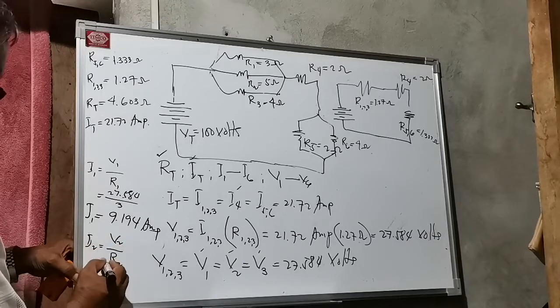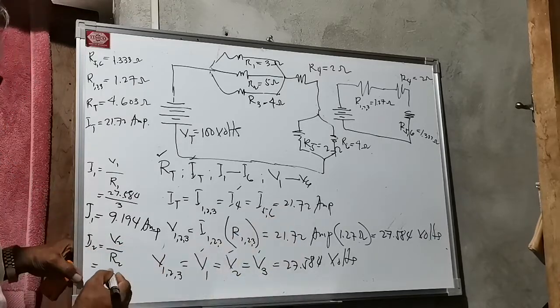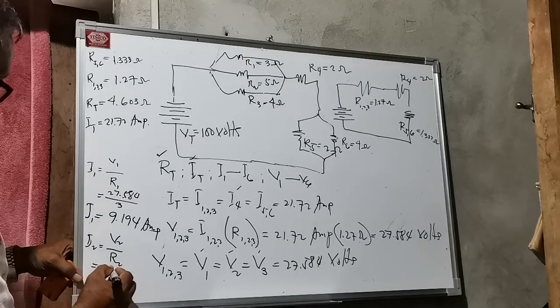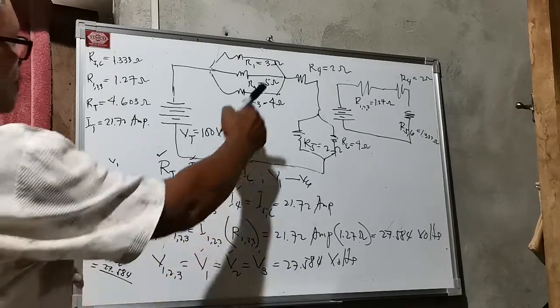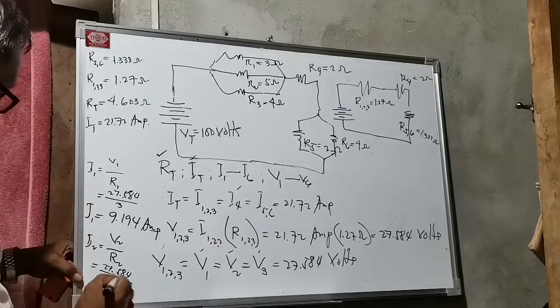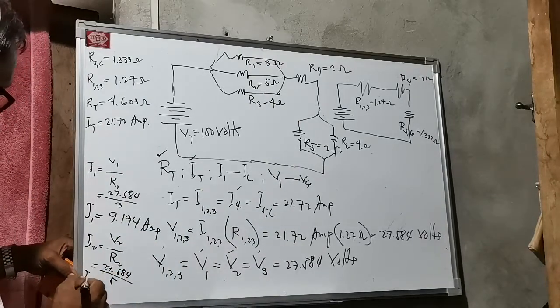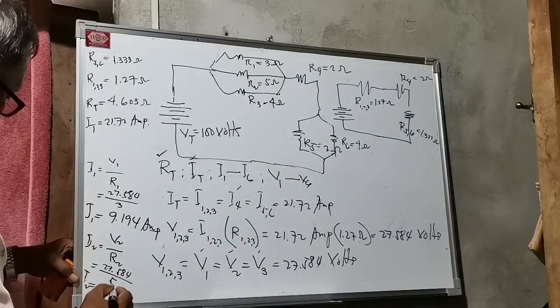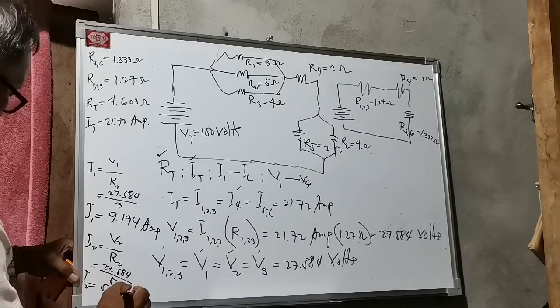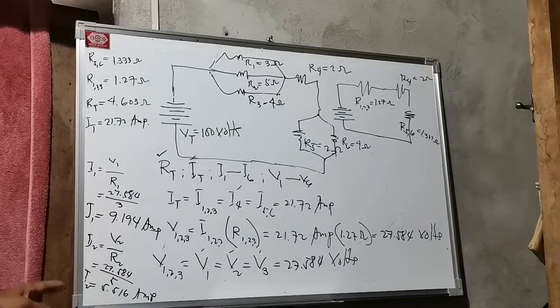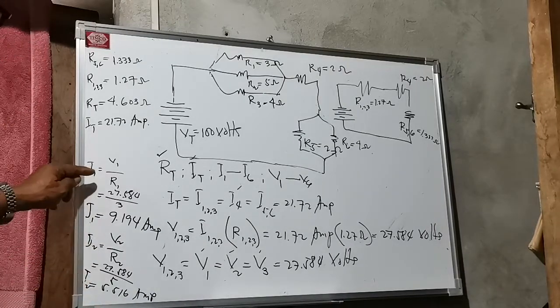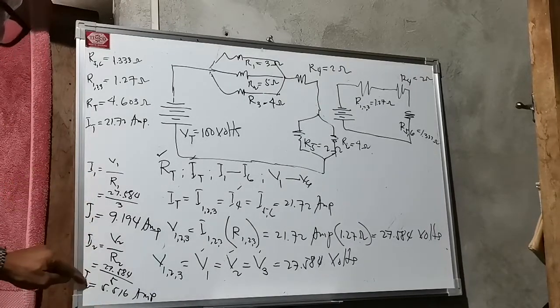V2, the same with V1 and V3, 27.584 divided by R2, which is 5, which gives us 5.516 amperes.